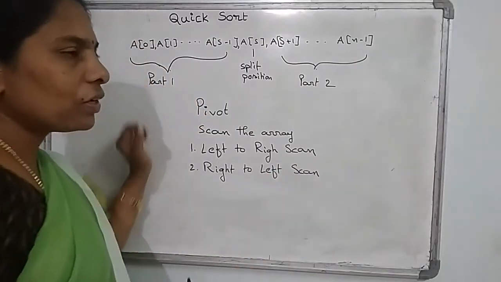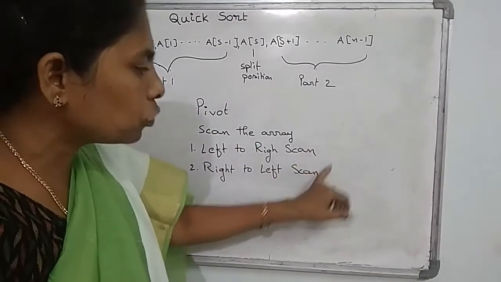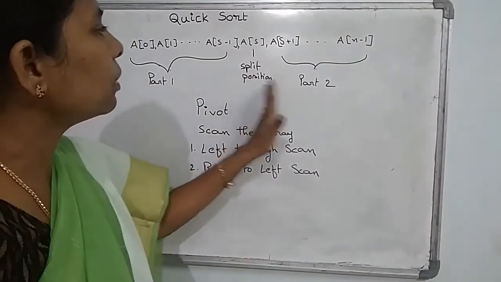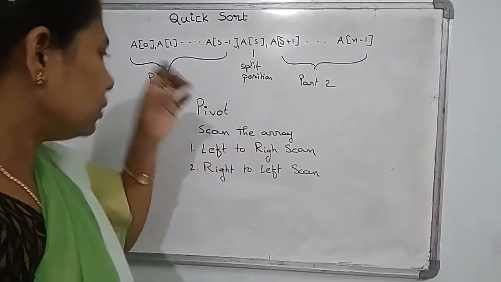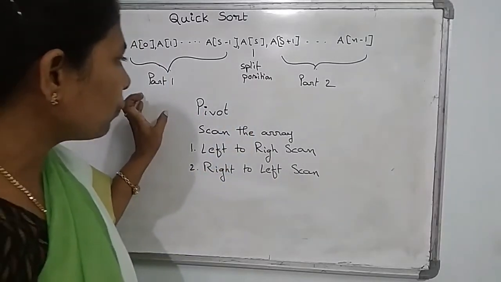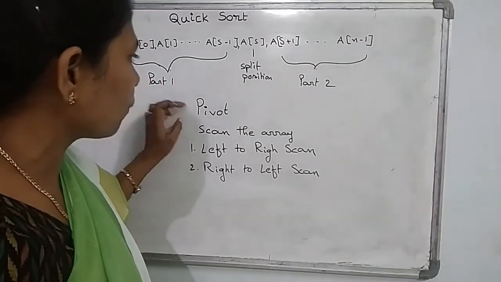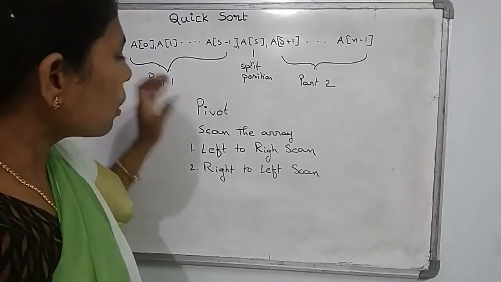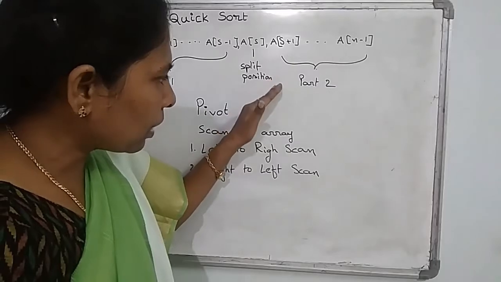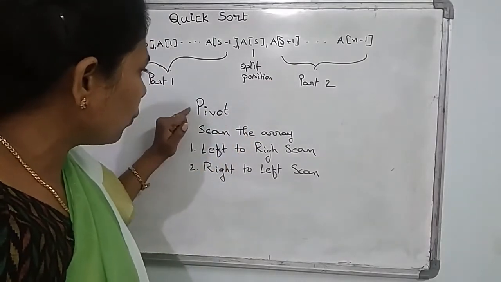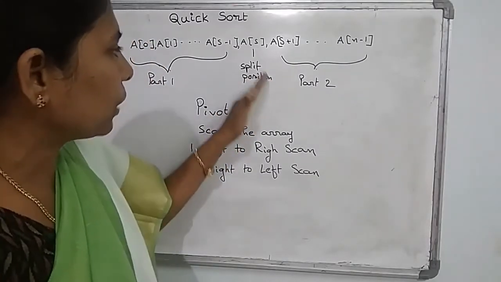If you want to divide this array, you must apply these two scans, one from left to right and another from right to left. We take the pivot element. So what is the first element greater than the pivot? To find the first larger element than the pivot, you scan from left to right.